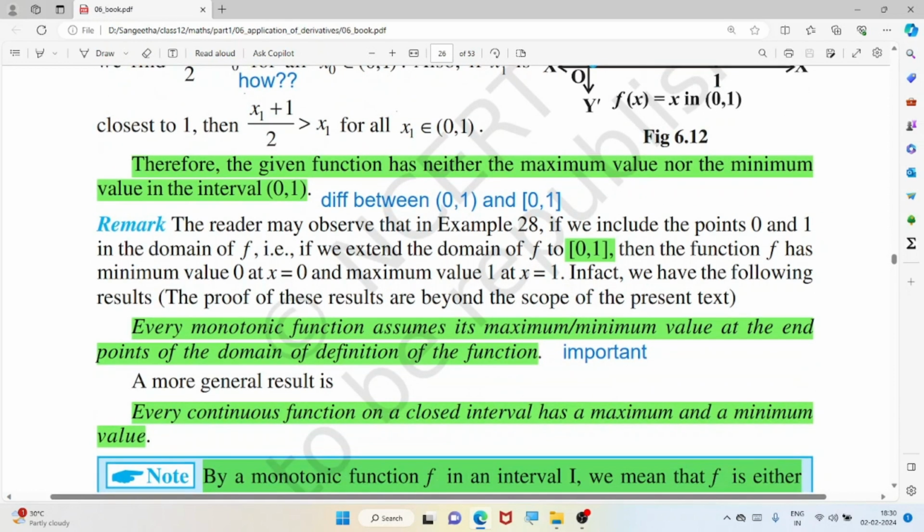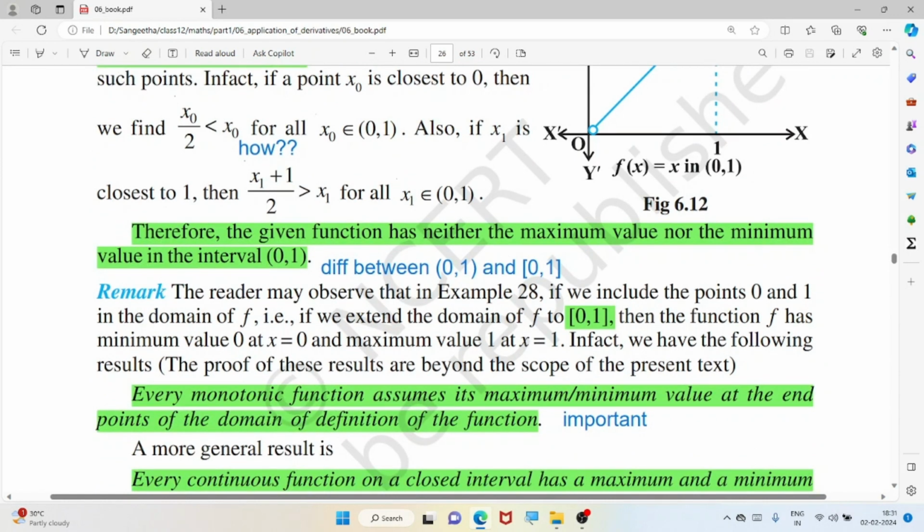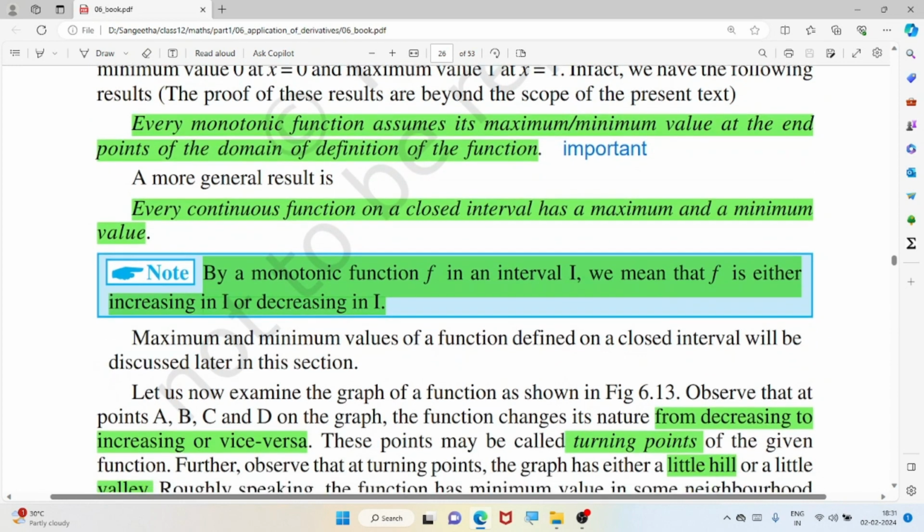The remark is very important here. Reader may observe that in example 8, if you include the points 0 and 1 in the domain of f, we extend the domain to a closed interval. The function has a minimum value at 0, maximum at 1. But in this example, it is given as not including 0 and 1, so it has neither a maximum value nor a minimum value. But in this remark, if we include 0 and 1, it has a maximum and minimum value.